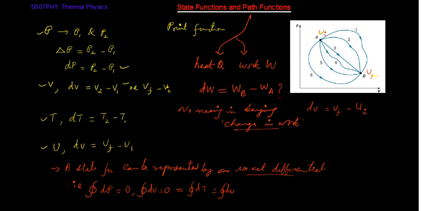Instead, I can say change in pressure, change in volume, change in temperature, change in internal energy; everything is possible. Similarly, change in heat you cannot use. That is meaningless. So unlike pressure, volume, temperature, internal energy, etc., work and heat are not state functions.